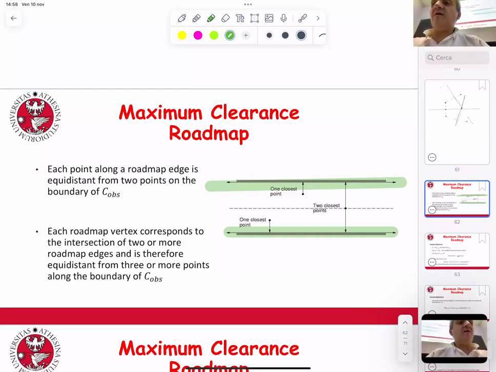Even in this case, it's possible to reason. So if you take any point like this, this point is closer to one of the obstacles than to the other. So of course, it doesn't belong to the maximum clearance map because you have an unbalanced situation.